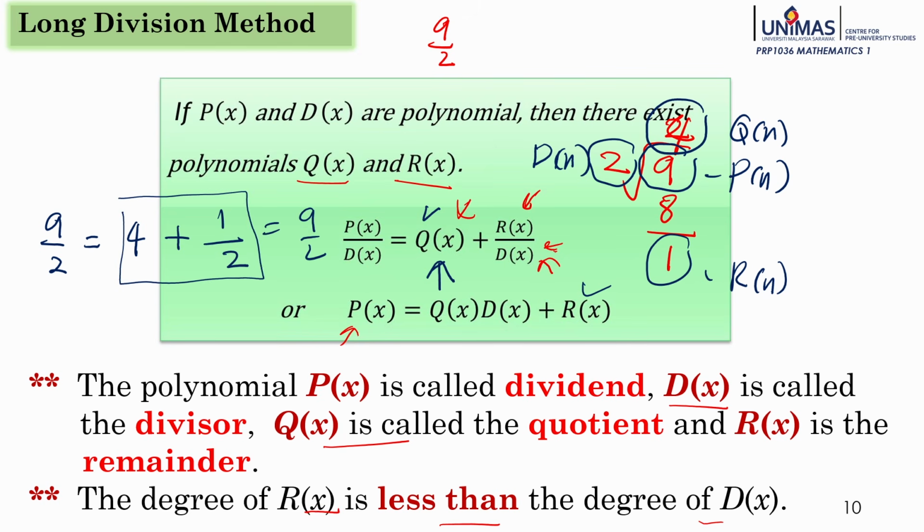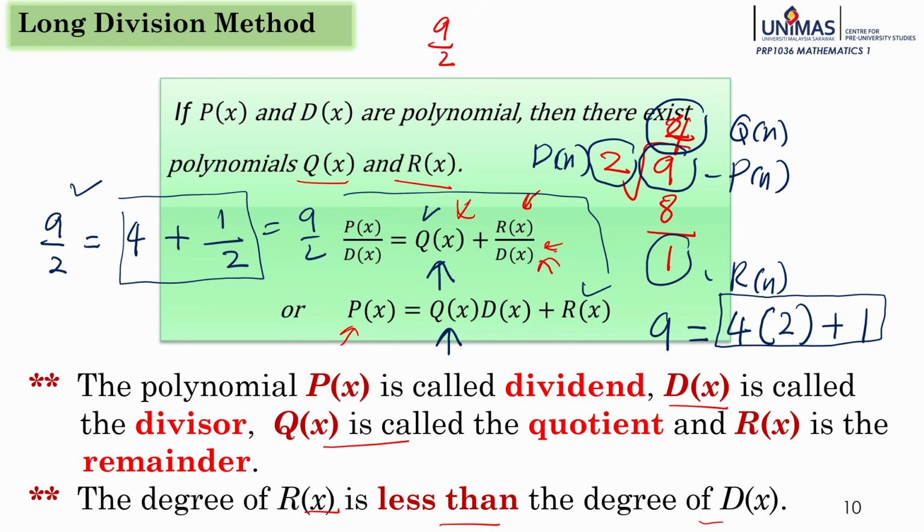So using the formula p(x), that means 9 equals q(x), which is 4, times d, which is 2, plus r, which is 1. You can see here 4 times 2 is 8, plus 1 is 9. This is the basic idea that you need to understand. I hope it is clear now that I have explained it in terms of integers.